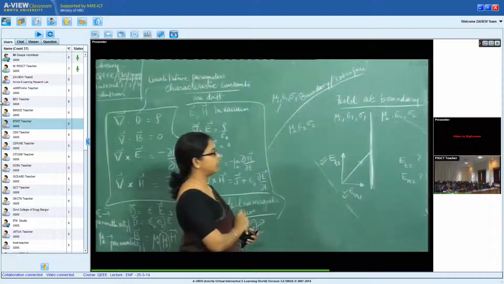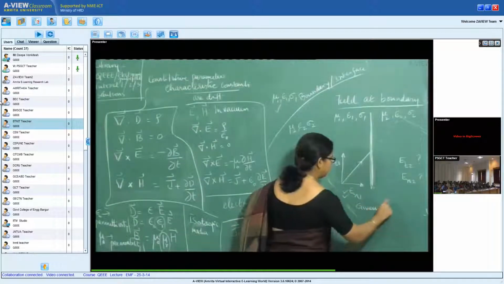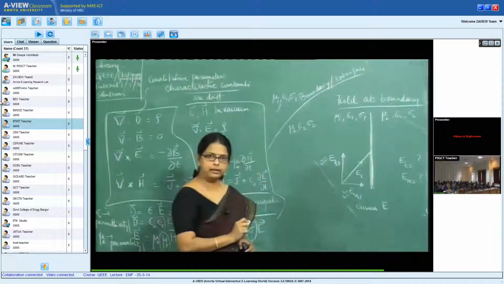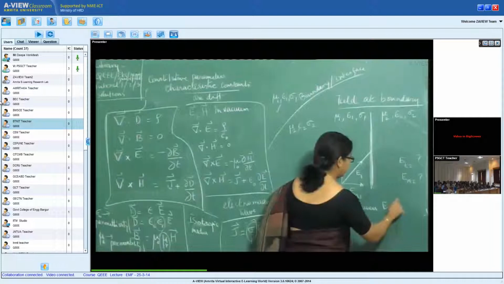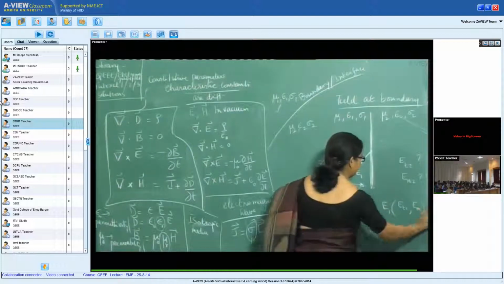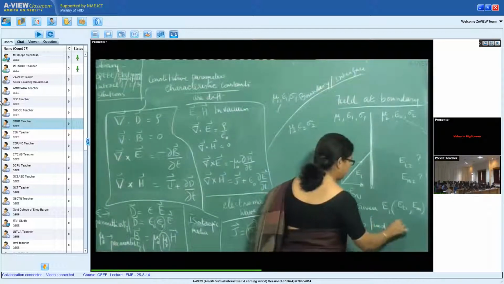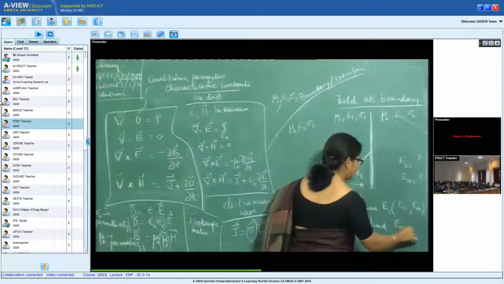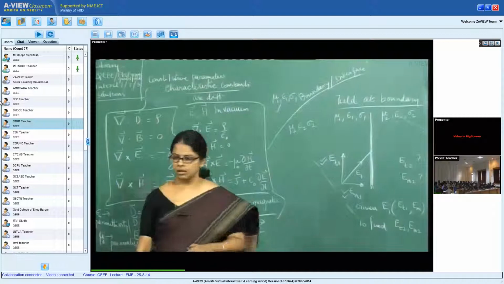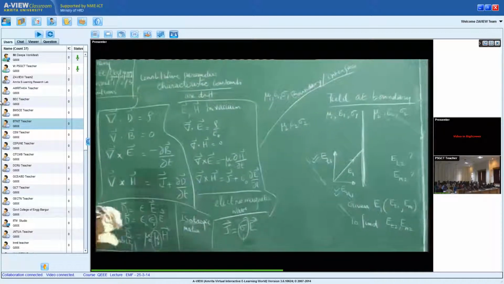Now how do we go about solving this problem? Let me rephrase. Let me call this field E1, the field in medium 1. Given ET1 and EN1, we want to know ET2 and EN2.